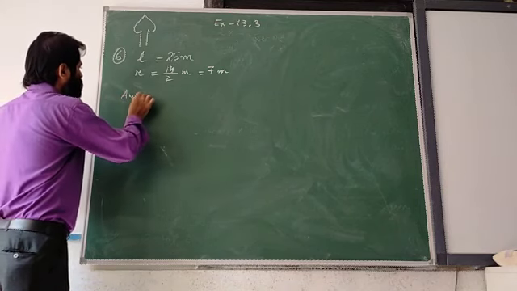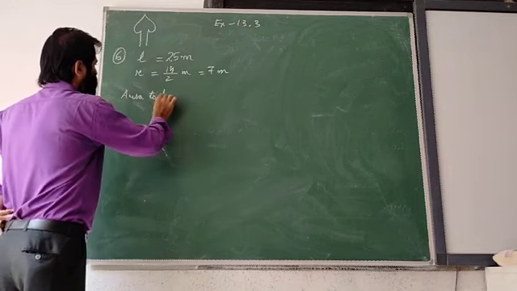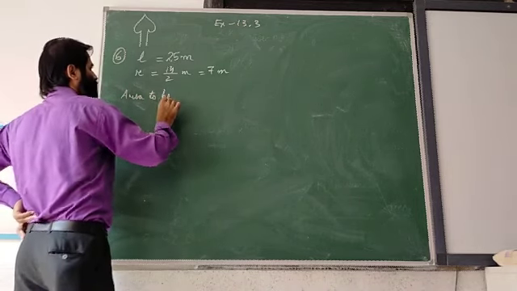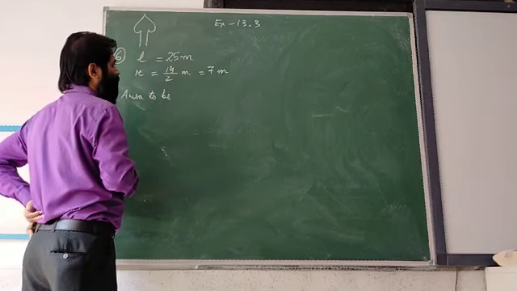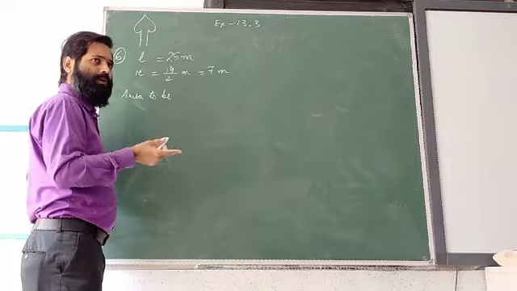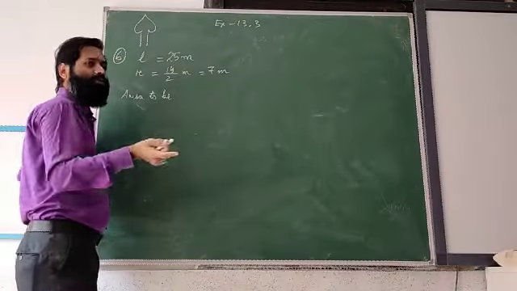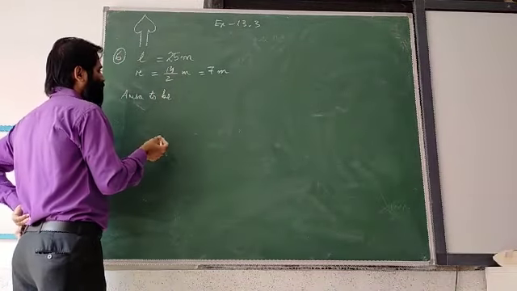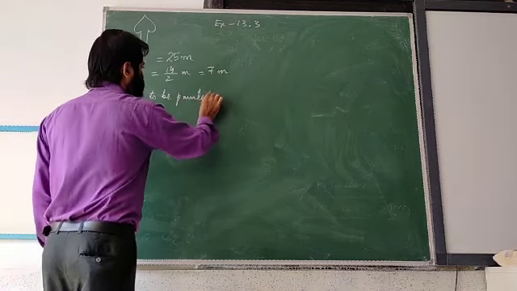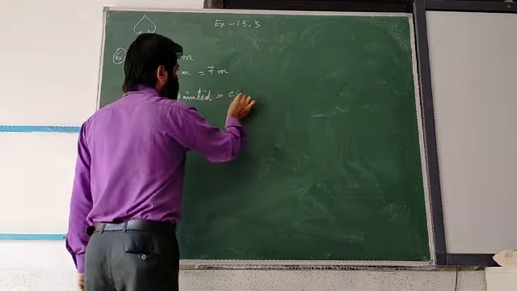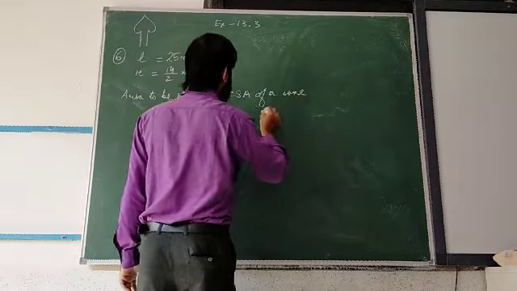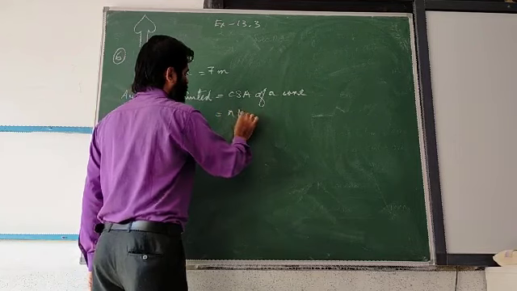So area to be painted equals the CSA of a cone. CSA of a cone is pi R L.